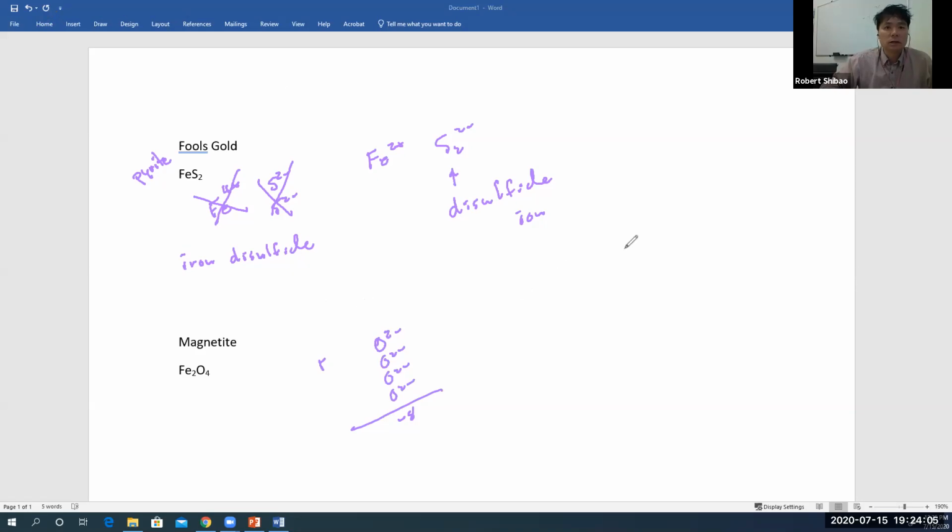Let me change that. Magnetite is Fe3O4. And this has to be +8 because magnetite is a neutral compound.